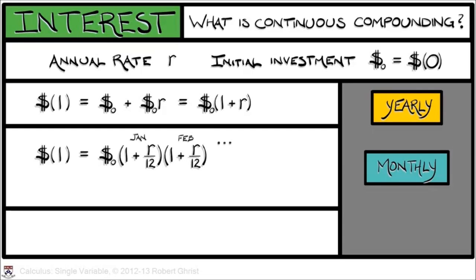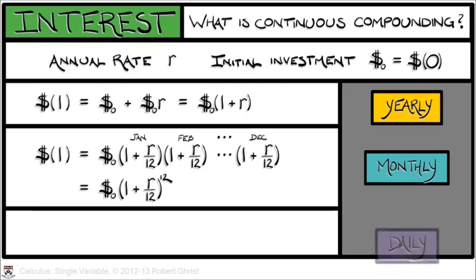At the end of February, we would continue on until the end of the year, giving another factor of 1 plus R over 12. That means at the end of the year, we would have the initial investment times quantity 1 plus R over 12 to the 12th power. That's actually a little bit more than we would get from an annual compounding.